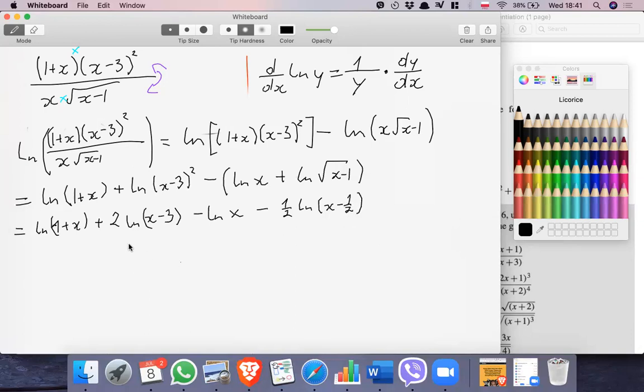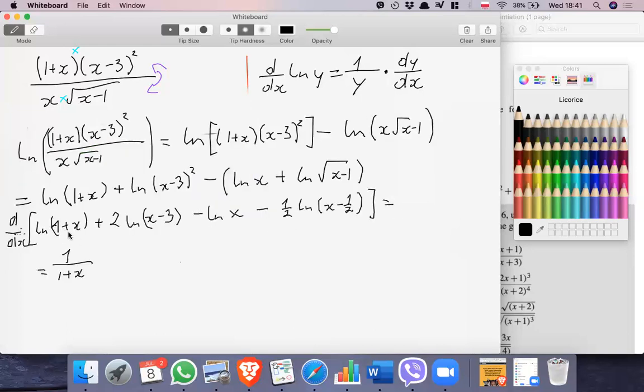So then what I'm going to do is take the derivative of all this. So d dx of this particular expression is equal to, from the first bracket, simply 1 over 1 plus x.